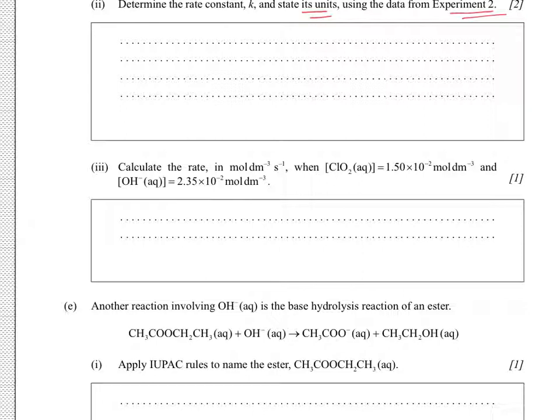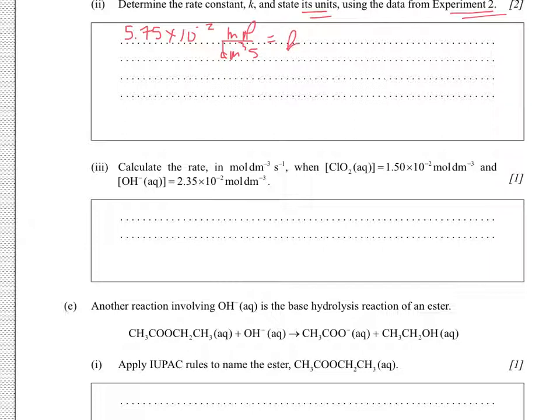So using experiment 2, we plug in a value for the rate, which is 5.75 times 10 to the minus 2 moles per decimeter cubed over second.